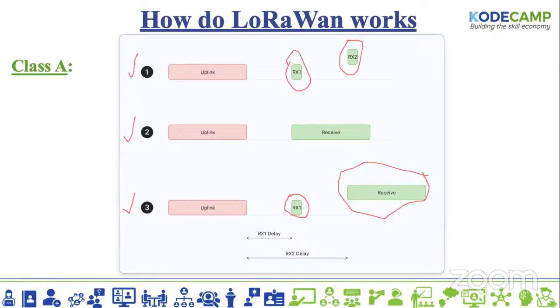Their batteries tend to last long. Some of them, like I said, can last close to 20 years before you do a replacement. If there's no data to transmit, it will just go into sleep mode and wait until there is data to transmit.